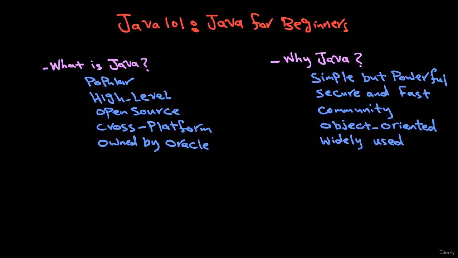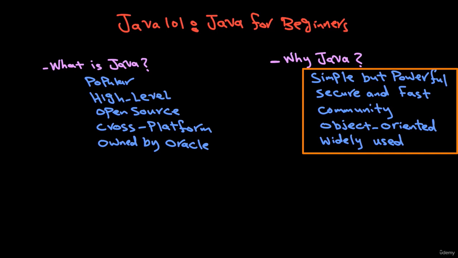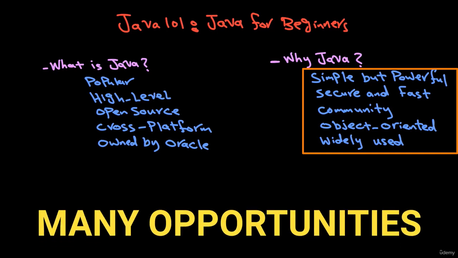You can use the Java programming language for building graphical user interface applications, server-side applications, web applications, mobile applications, embedded systems applications, enterprise applications, scientific applications, and many more. Therefore, learning the Java programming language opens up many opportunities for you.